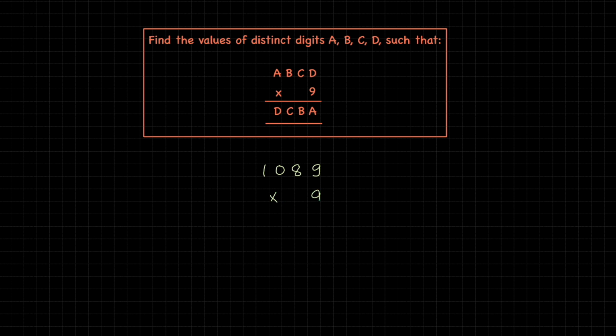Let's multiply that by 9. 9 times 9 is 81. 9 times 8 is 72 plus 8 is 80. 9 times 0 is 0 plus 8 is an 8. 9 times 1 is a 9. So indeed the digits of 1089 get reversed when we multiply it by 9, and our answer is correct.